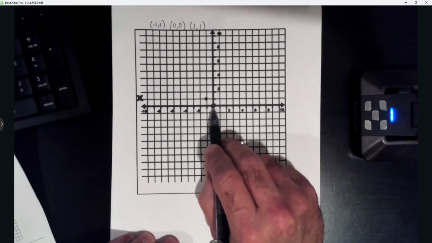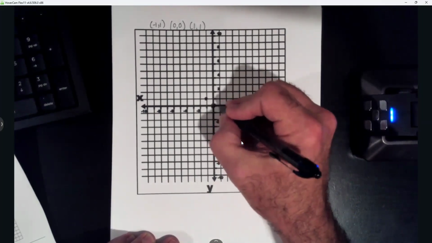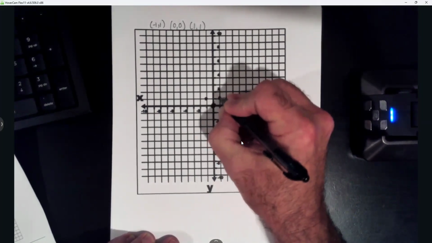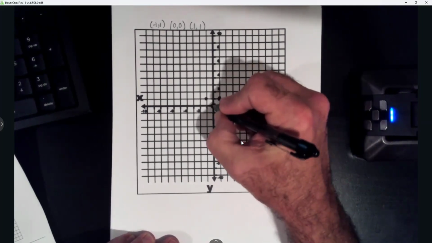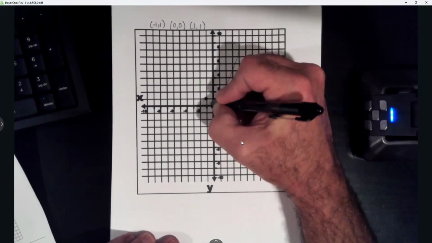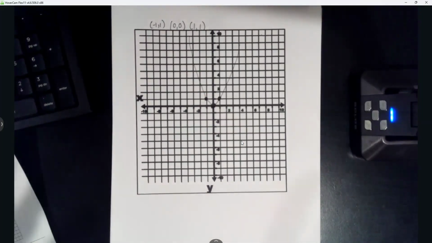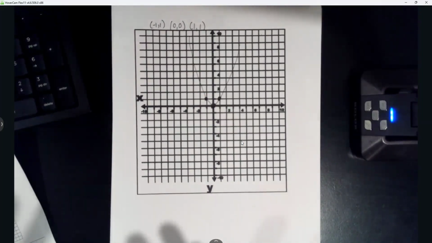So there's my 0, 0. And then 1, 1, right 1, up 1. So that should be similar to what my parabola is going to look like in MATLAB, okay?